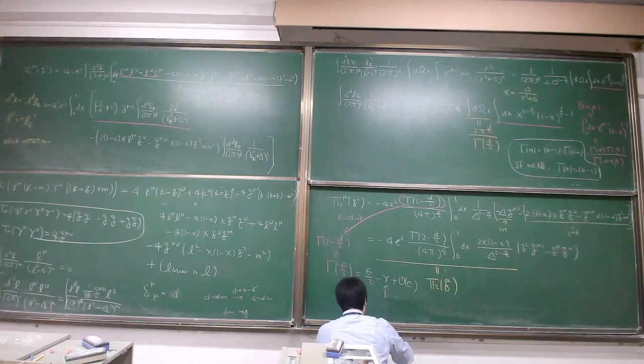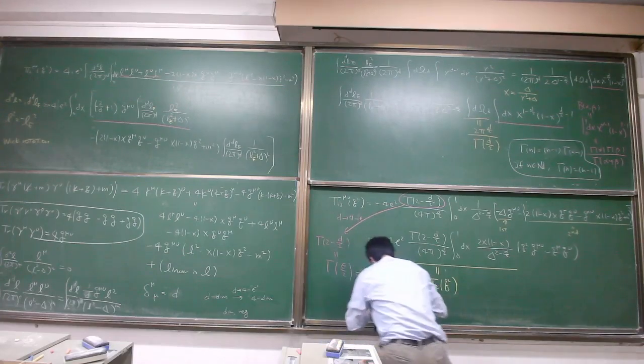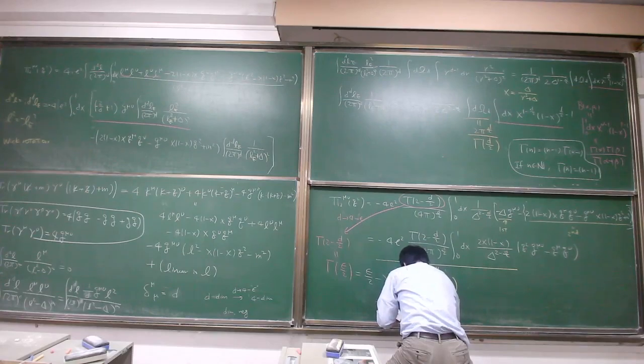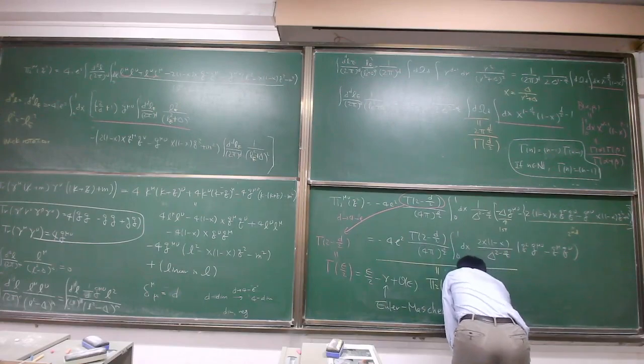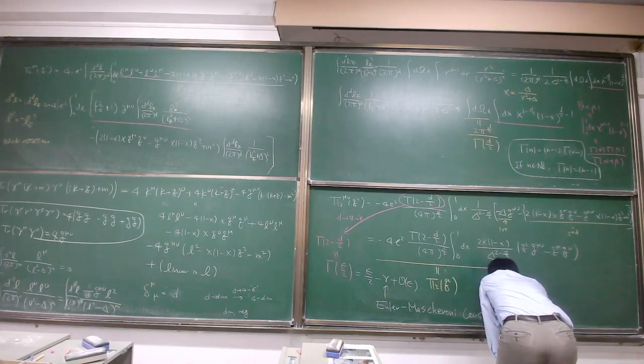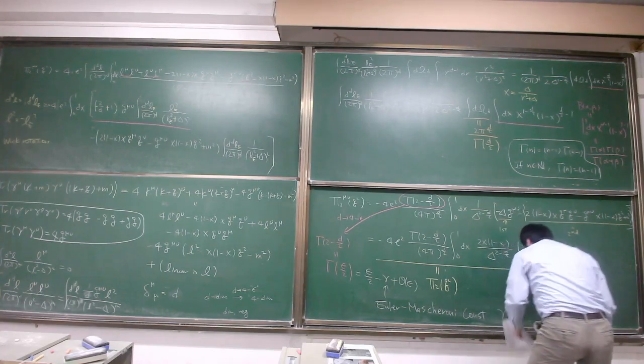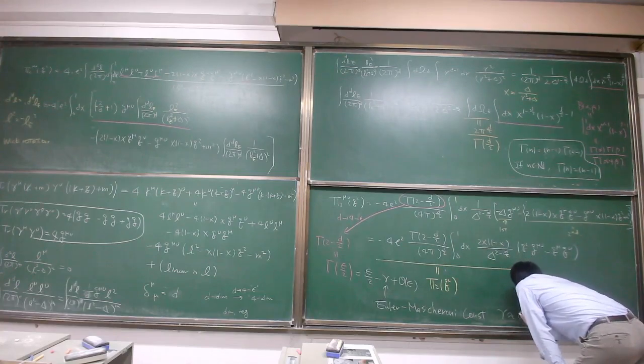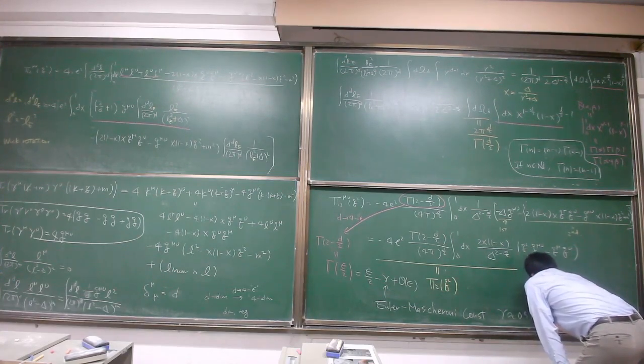This gamma is not the gamma matrix, not the photon, not the indices; it's called the Euler-Mascheroni constant, where gamma is approximately equal to 0.5772.